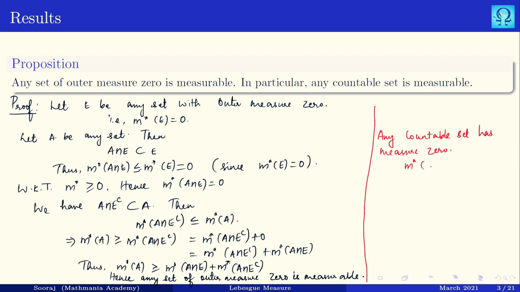So m star of C is 0 for any countable set. This one we proved already. You can revisit them and prove this. Suppose you are asked to prove any countable set is measurable, first of all you will have to prove any countable set has measure 0. Then you will have to proceed with this proposition.